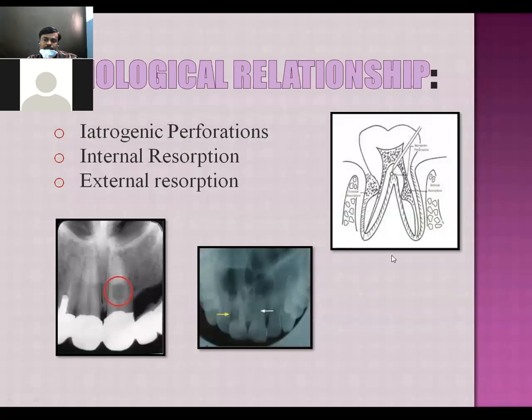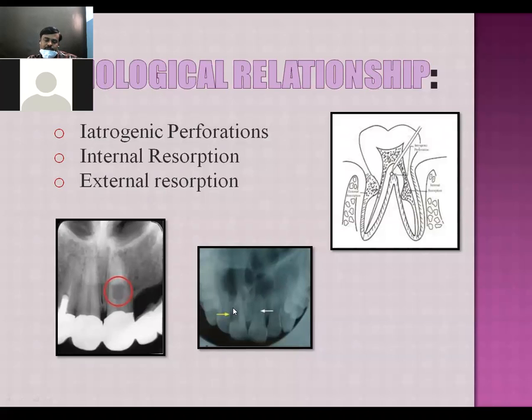So, what are the pathological communications considered with the spread of infection from pulp to periodontal tissues or periodontal disease to the pulp? Whenever you are preparing an access cavity, you may end up with a perforation. Those perforations act as a pathological communication between your periodontal tissue and the pulp endodontic tissue. An internal root resorption may communicate with surrounding tissue.